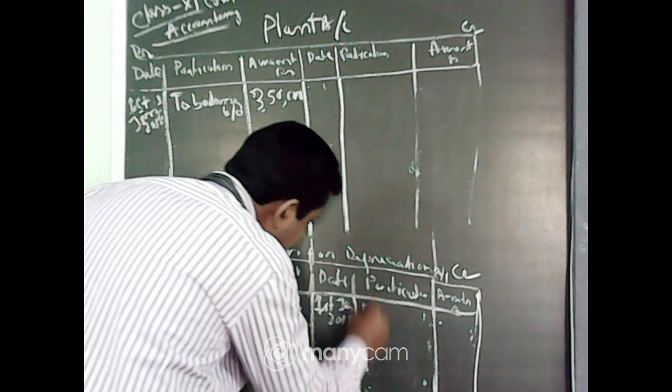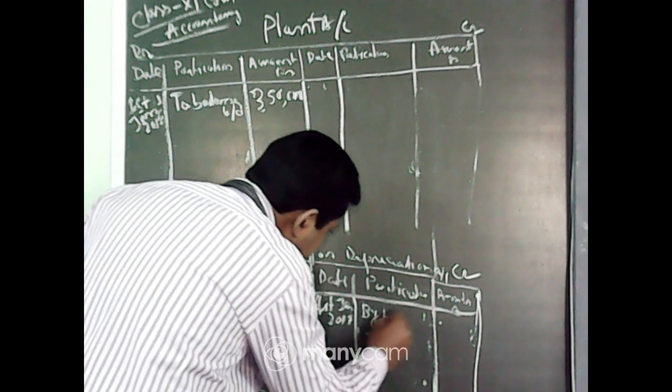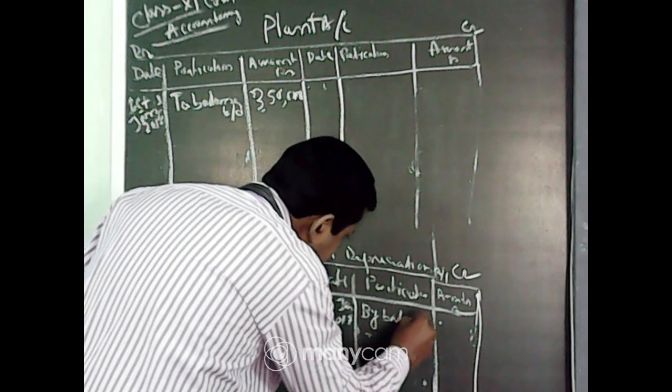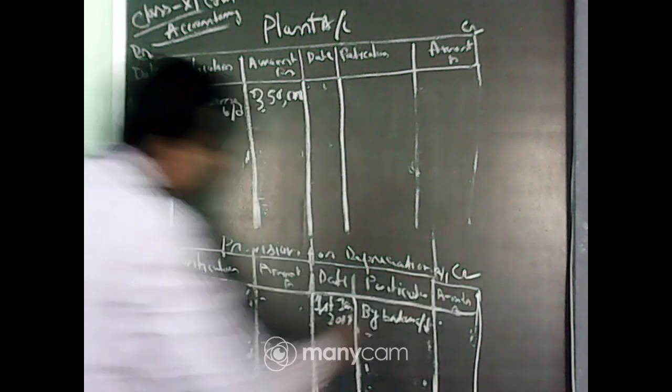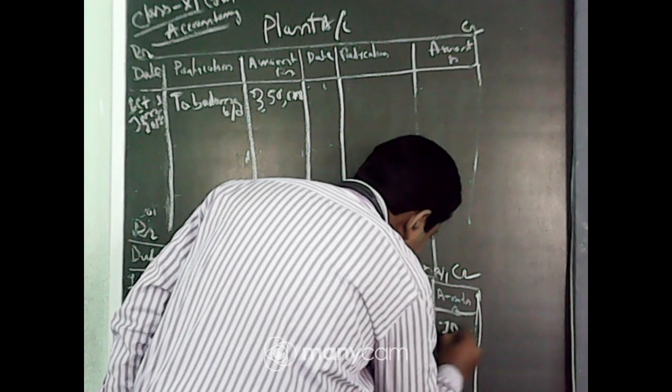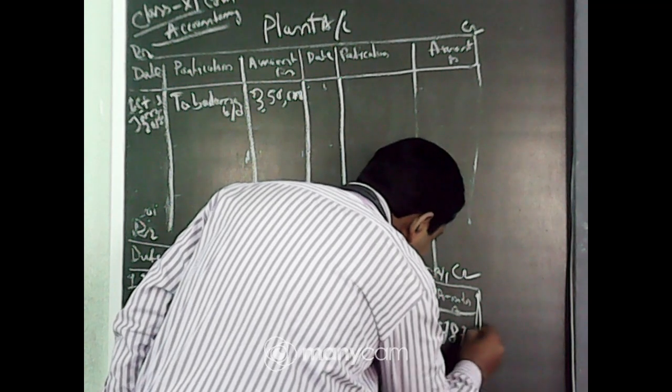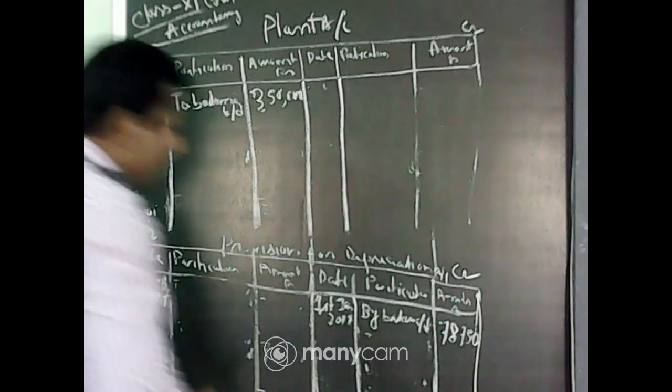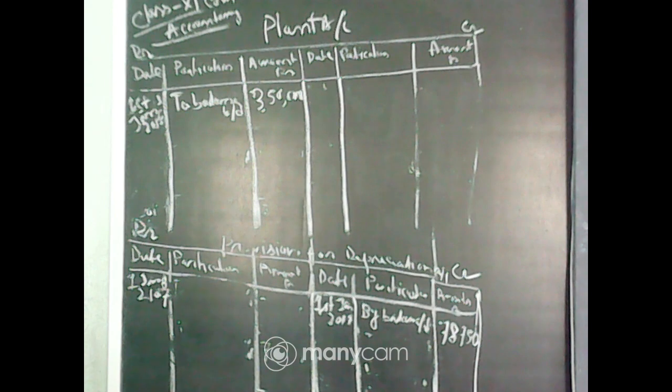Now here the balance will be carried, so by balance CD, what is the accumulated depreciation, that is 78,750. That is the position after 2015 and 2016.